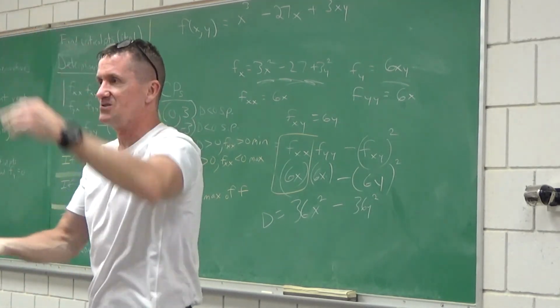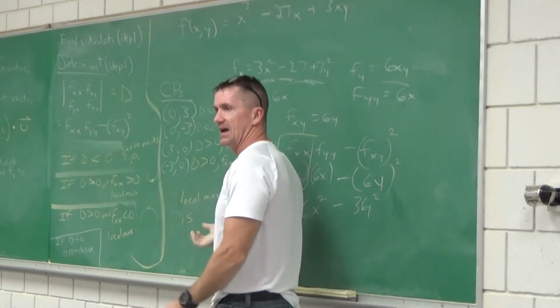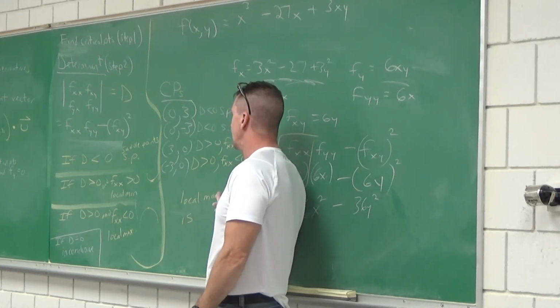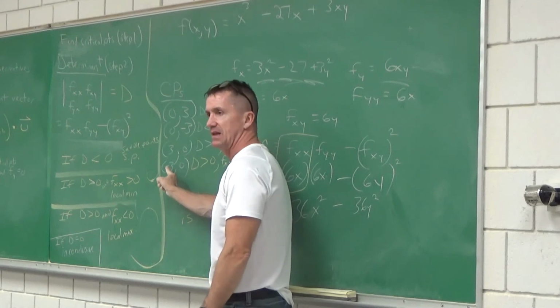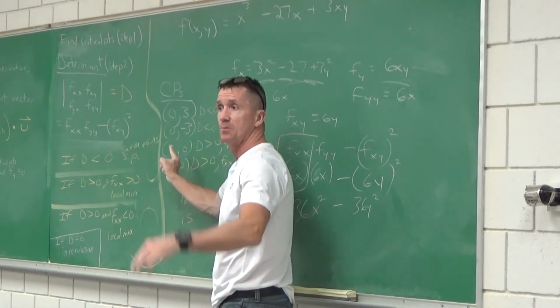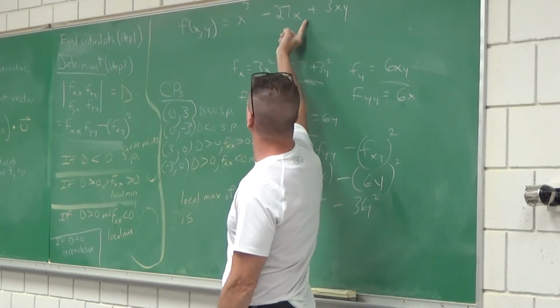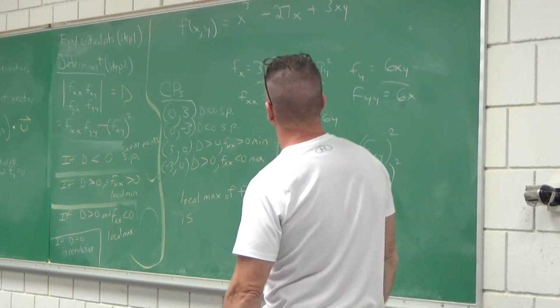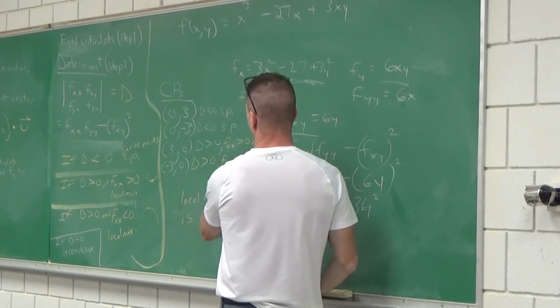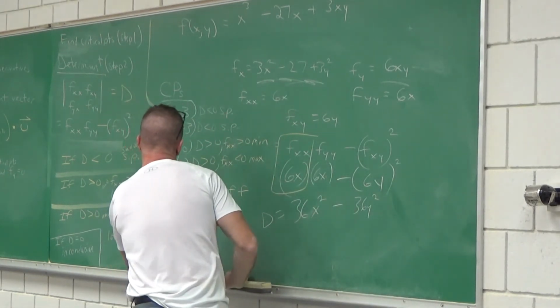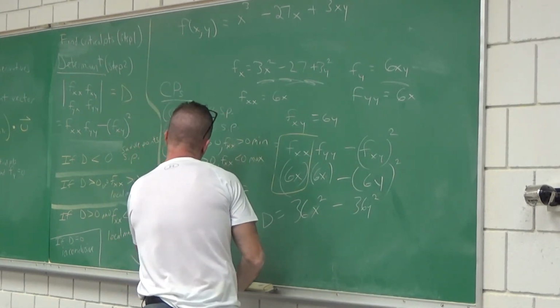So if you wanted to write it like that, the local max of f occurs at -3, 0, but what is it? You have to plug the -3 and a 0 back into the original function. Is it easy to do? It's not bad. What would it be? I'm just curious. Local max of f. It occurs at the point what?